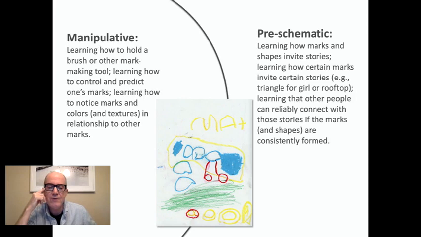So when we think about the manipulative phase, we might say, yes, this is a manipulative phase, but the thing that the teacher is looking for is what comes next. So yeah, manipulative phase, check the box, but that's not enough.